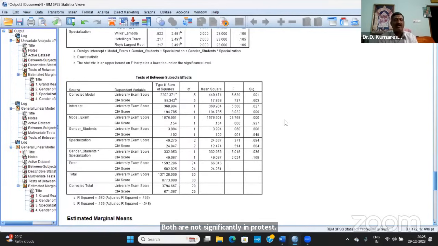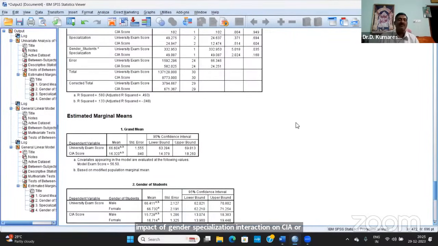Specialization, both are not significantly influenced. Gender-specialization interaction, university exam marks are significantly influenced, but there is no significant impact of gender-specialization interaction on CAA score because p-value is greater than 0.05.